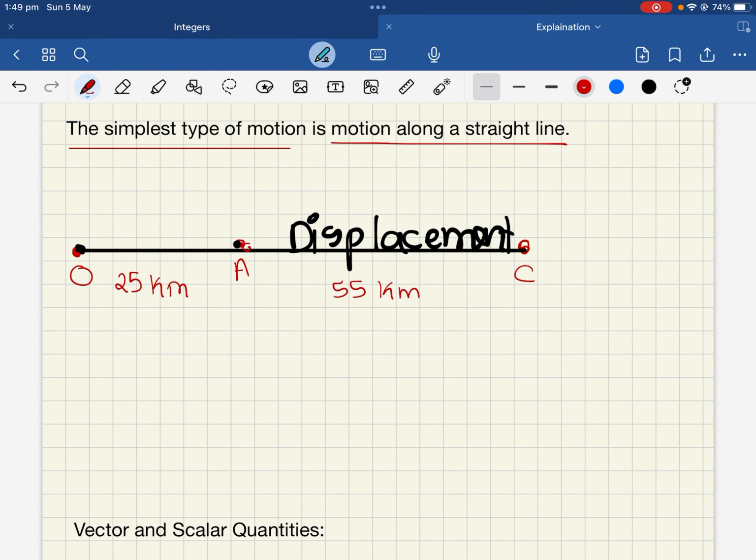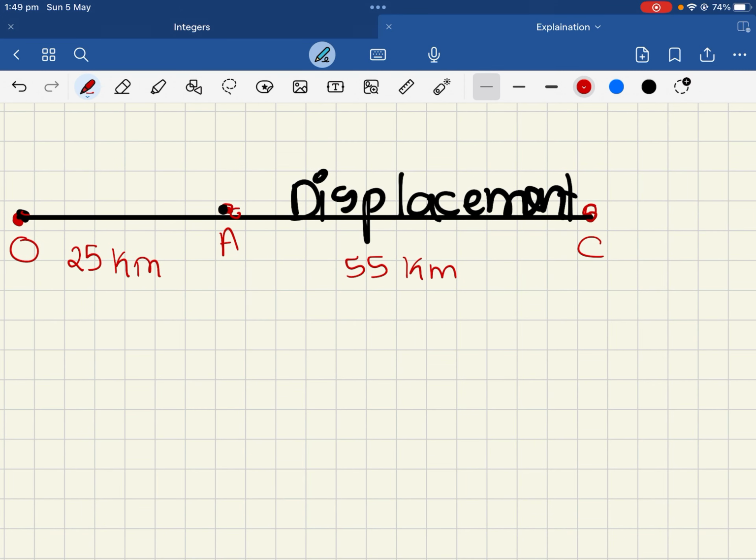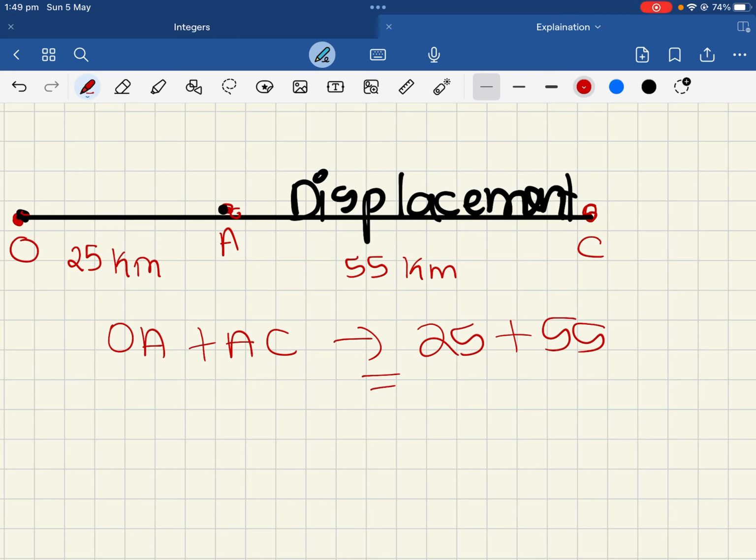The total distance between O and C would be OA plus AC. This in turn would be 25 plus 55, which is equal to 80. Thus the distance between O and C is 80 kilometers.